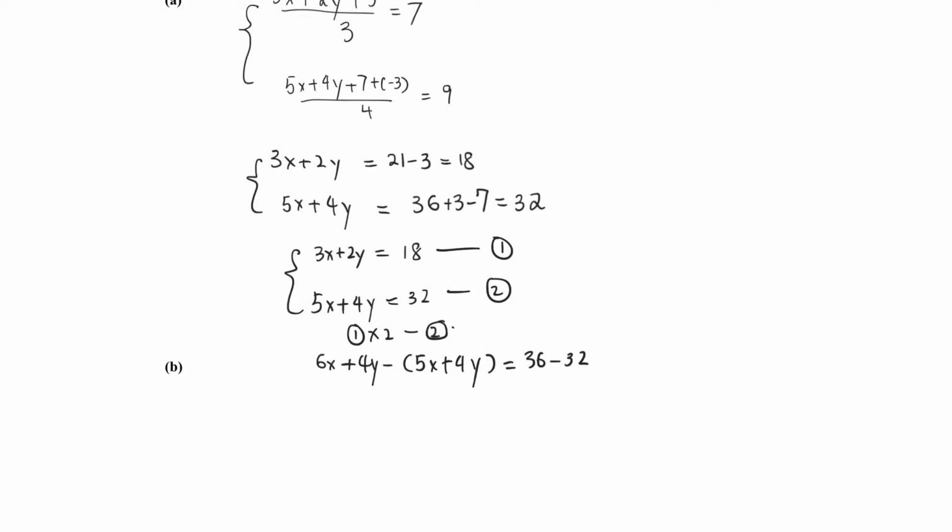And then you can simplify the term, which gives you x equals 4. And then by substitution, you substitute x equals 4 in 1, then you have 3 times 4 plus 2y equals 18, 2y equals 6, y equals 3. Okay, so x equals 4 and y equals 3.